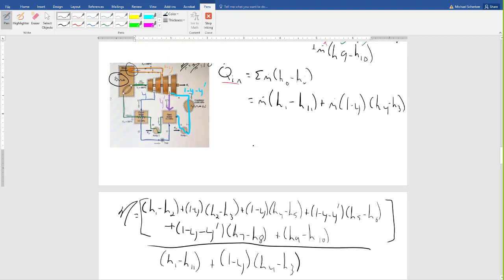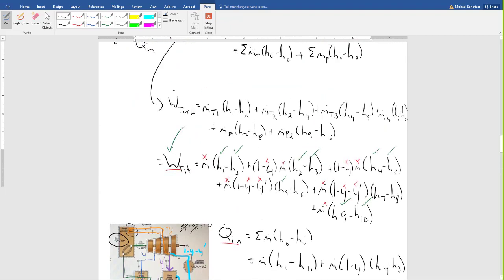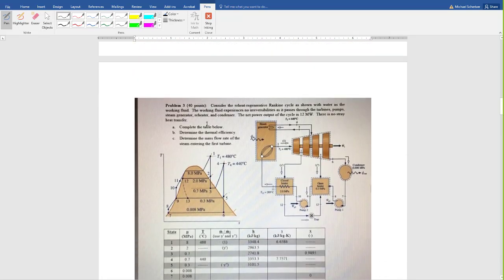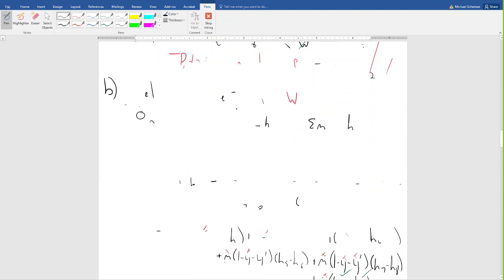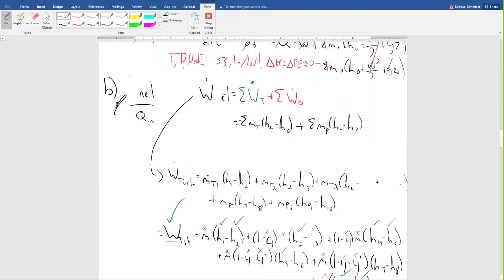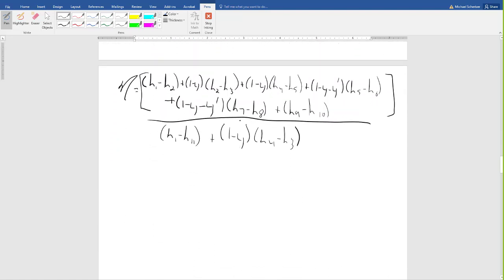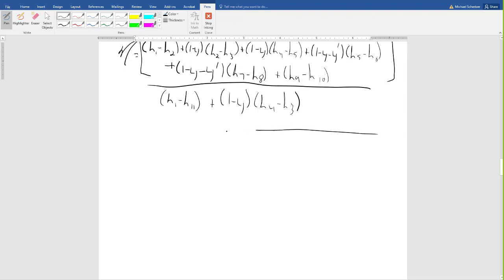So that's good. What was the other thing that it wanted? It wanted the mass flow rate was one of the parts, right? Thermal efficiency and the mass flow rate going through the first turbine. So part C is how do we find a mass flow rate? I think there's really basically only three ways we know how to find a mass flow rate.